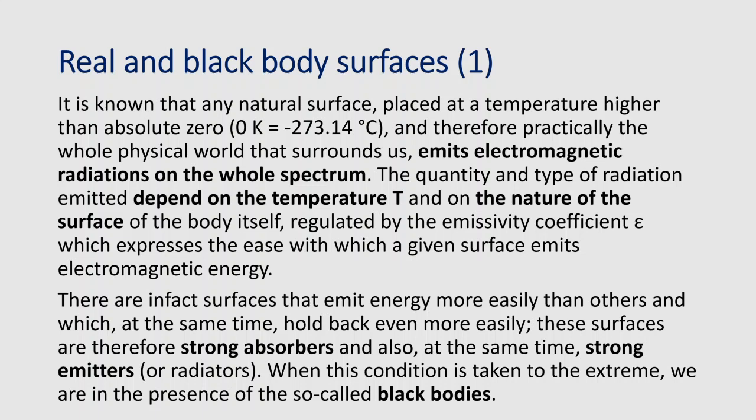So we can have surfaces that are very strong absorbers, absorbing all the energy striking the body, and at the same time very strong emitters. As we will see later on, the emission is based on temperature, so a body could absorb energy and emit energy at the same time.